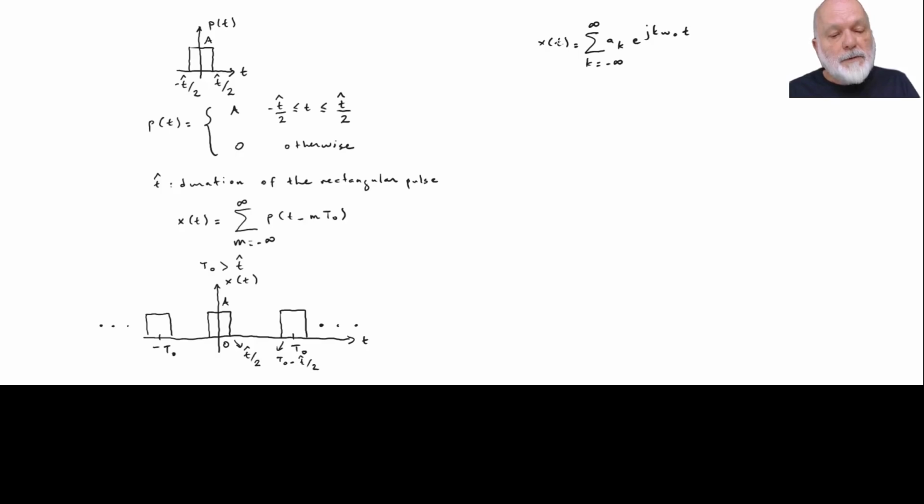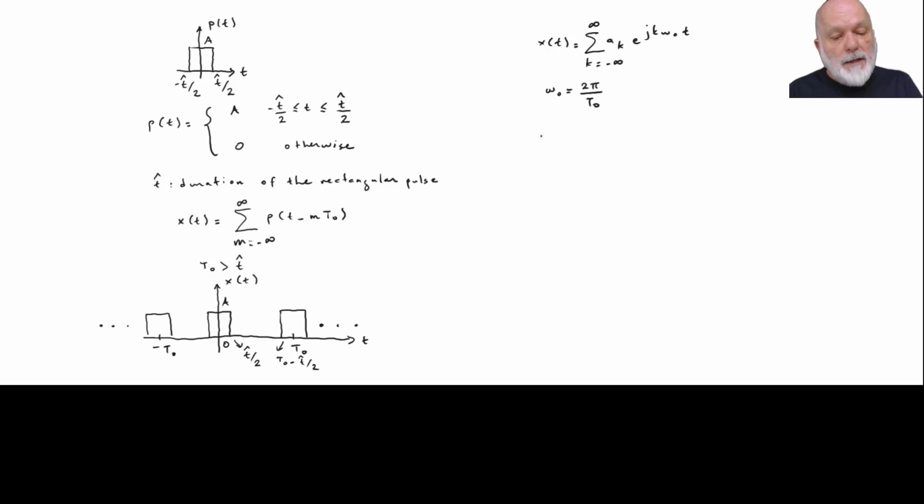So we write down x of t as a superposition of complex exponential signals which are harmonically related. The frequencies are integer multiples of the fundamental frequency omega 0, where omega 0 is related to the period of our signal x of t by means of this expression. Omega 0 is equal to 2 pi over t0.